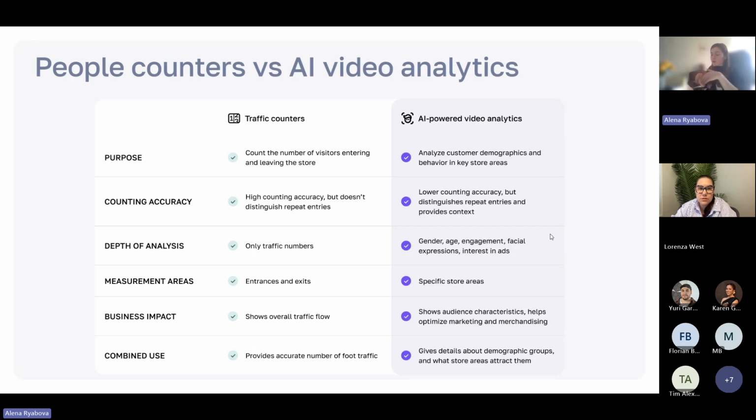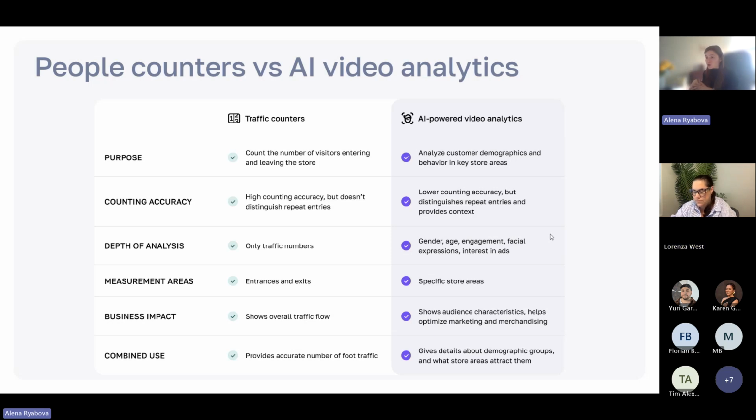But if we have a family holding hands and coming together, not every traffic counter will understand that there are 3 people, not 2, for example, not 1. Again, it depends on the provider and the technology. But the most important thing is that the only area they are measuring is entrances and exits. That's it. You won't know anything else.